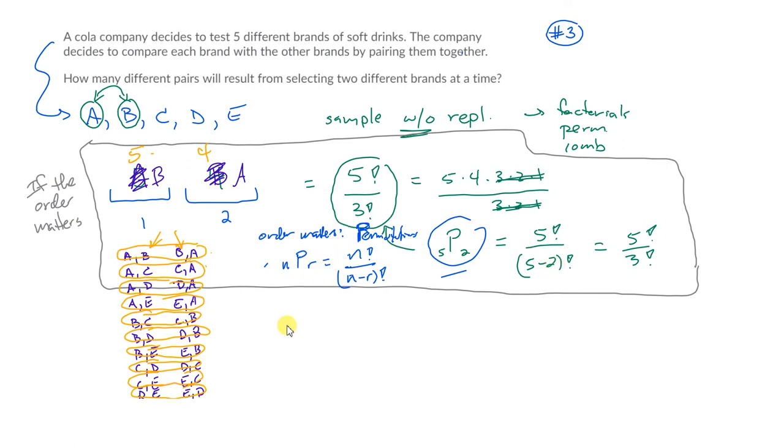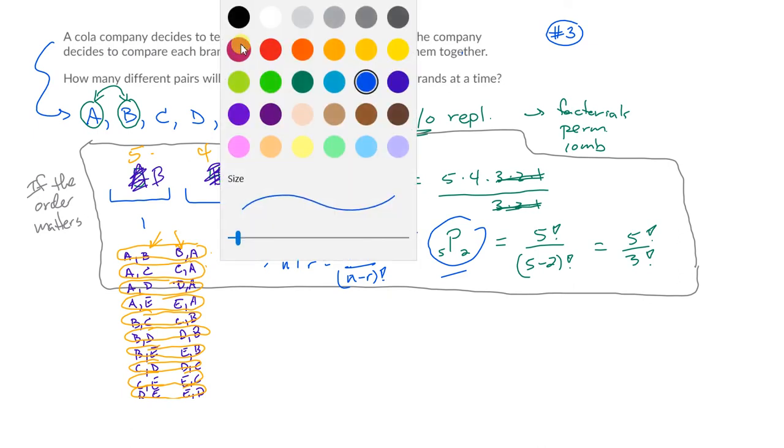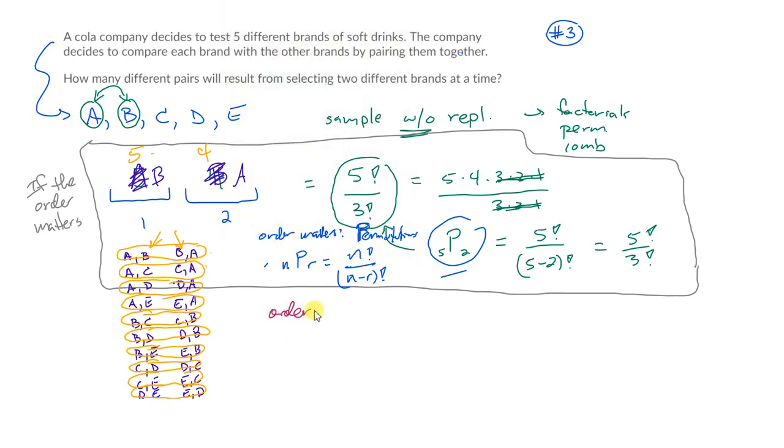Now, if I want to group things together, I'm going to reduce the number of items by 2. So if the order does not matter, what's going to happen? Then I'm going to have combinations, nCr. And what's the formula for nCr? n factorial over n minus r factorial, just like before, but now we're also going to divide by r factorial.